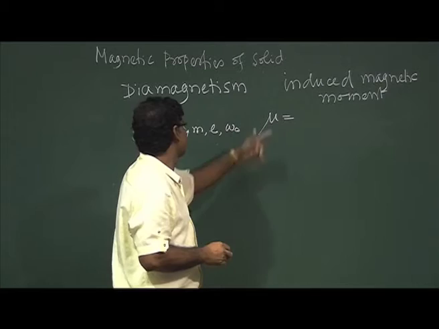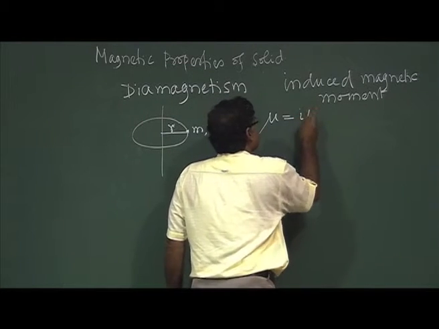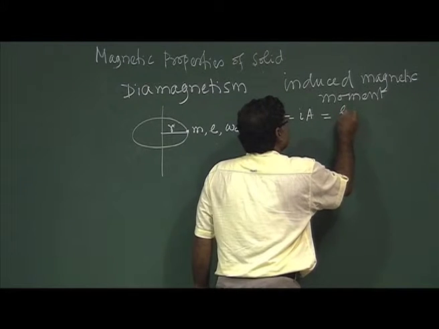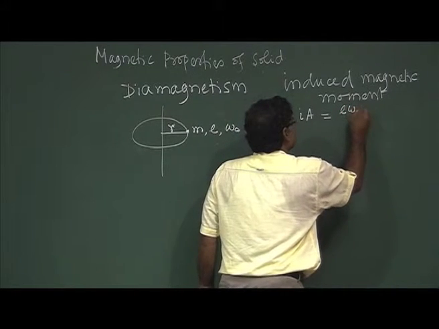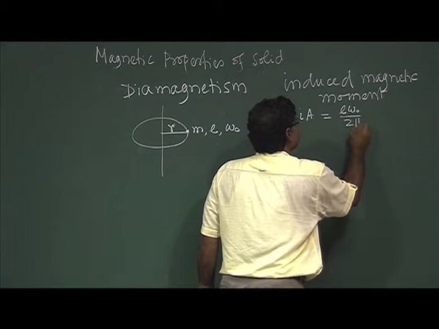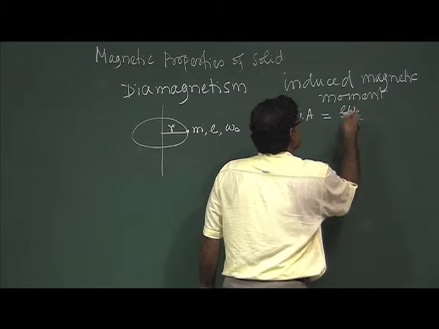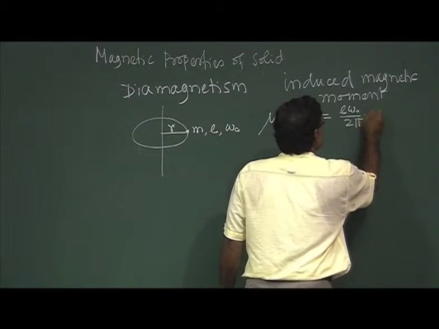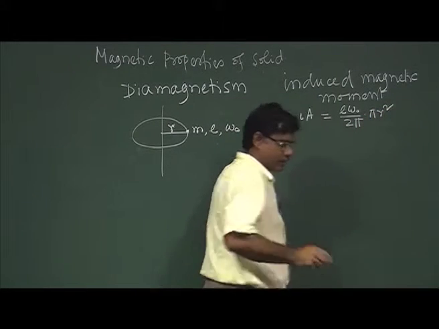That is mu equal to I A, which is e omega 0 by 2 pi, the frequency times the charge, times the area pi r square.